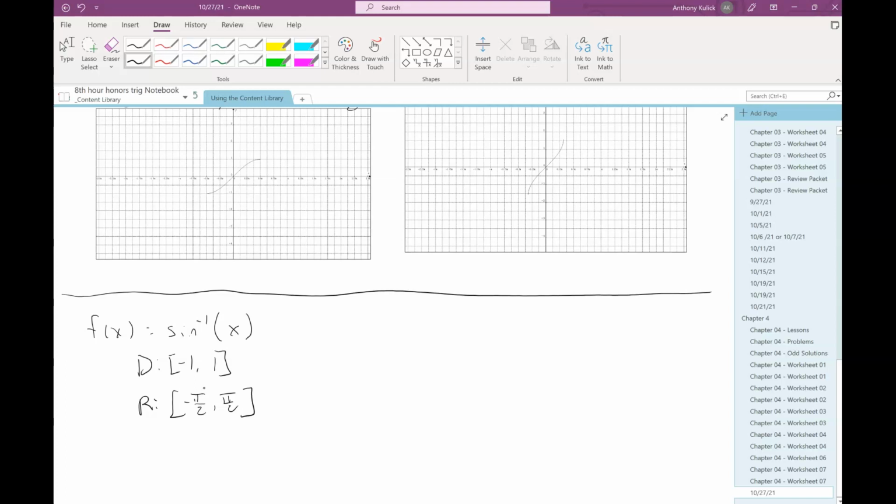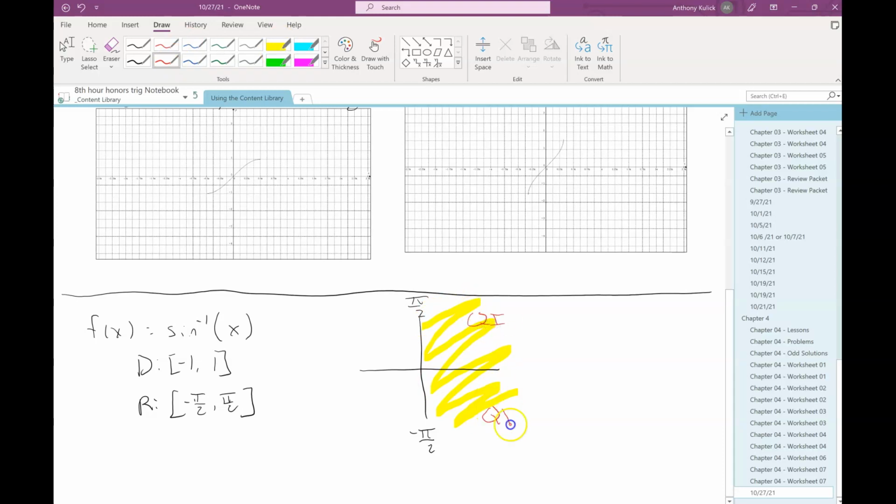The domain for the sine inverse is going to be -1 to +1. Those are the possible outputs of a sine function, right? And the output of sine inverse is going to be an angle between negative pi over 2 and positive pi over 2. So where is that on the unit circle? Negative pi over 2 to positive pi over 2 is quadrants 1 and 4.